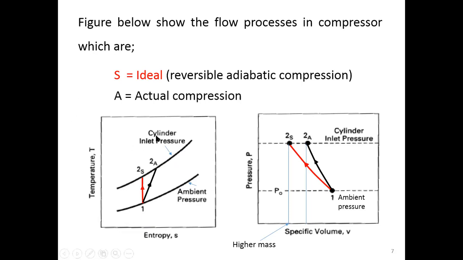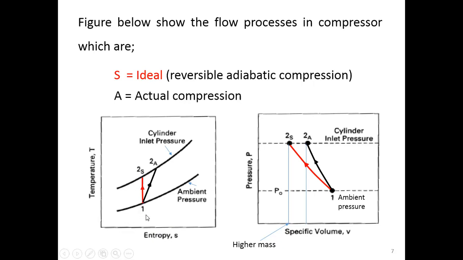In an isentropic process, we know that the entropy does not change. So when we have the isentropic process, the line of the process is always in the vertical direction, to represent that there is no change in entropy.